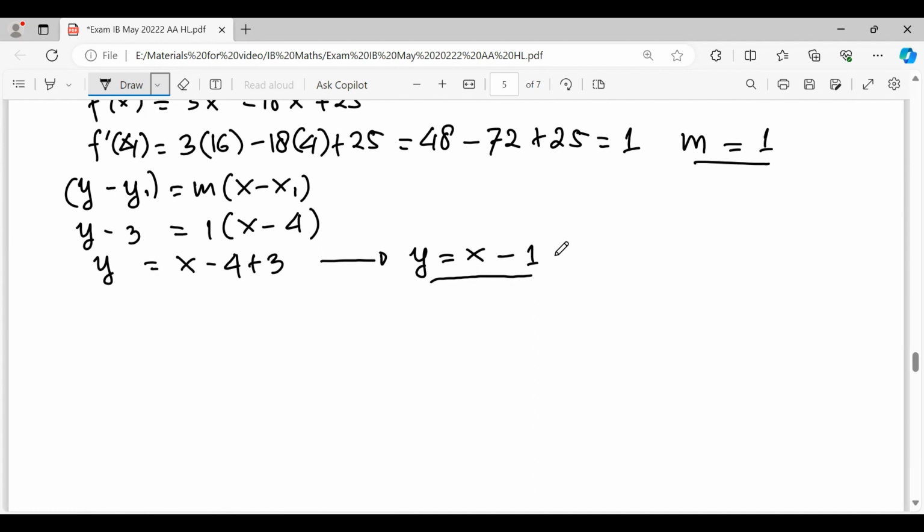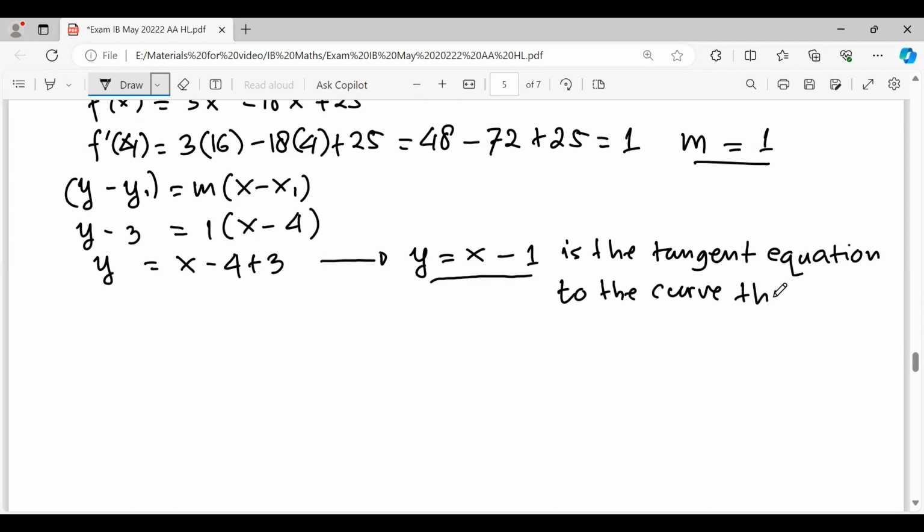So y equals x minus 1 is the tangent equation to the curve through A. Yeah, this coordinate point 4, 3. Right.